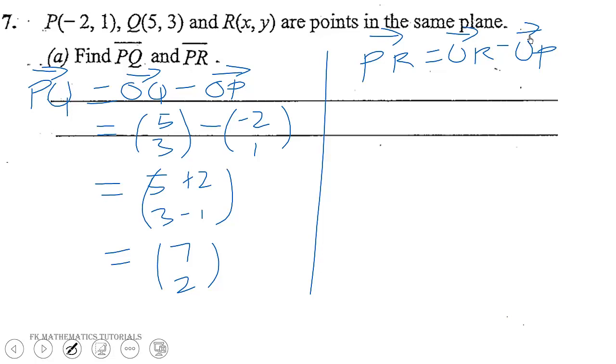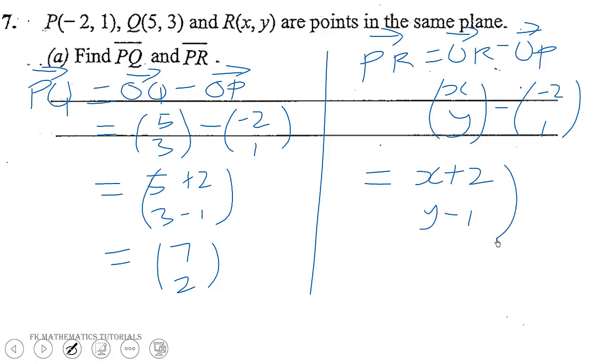So OR will be XY, then OP will be -2, 1. So this will be equal to X plus 2, then Y minus 1.